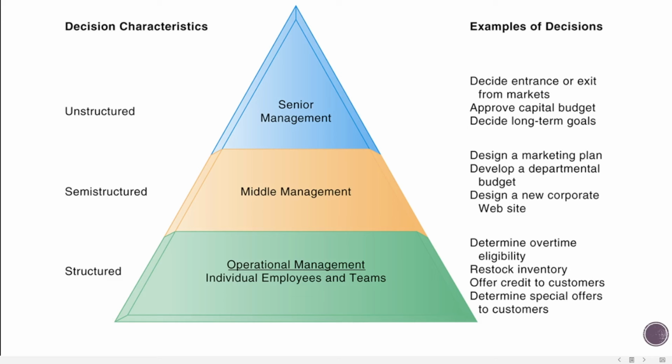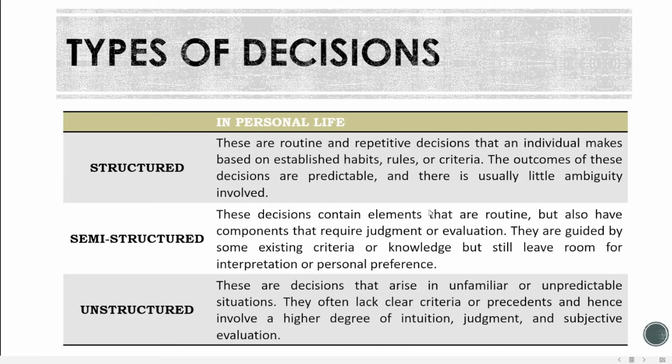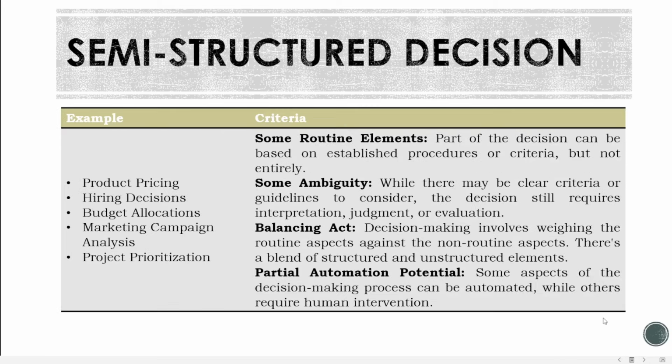So, mostly yung TPS, ginagamit yan sa mga structured decisions, yung MIS, DSS, at saka EIS. For example, yung MIS na fall dito sa semi-structured. And yung DSS at saka EIS would somehow fall on unstructured. Okay? So for a better understanding, let's proceed to the next slide, which is ito.